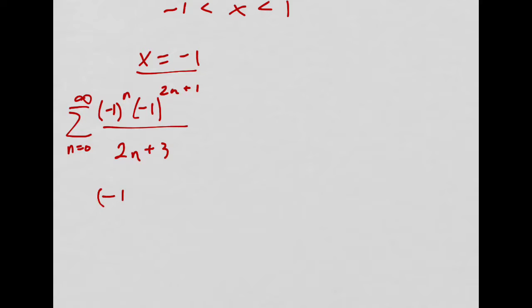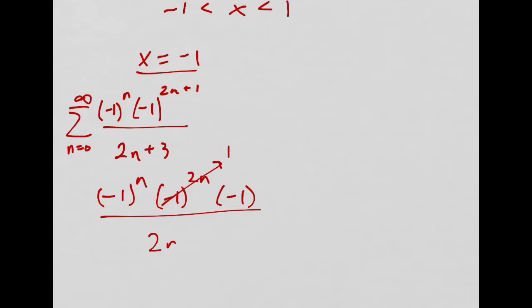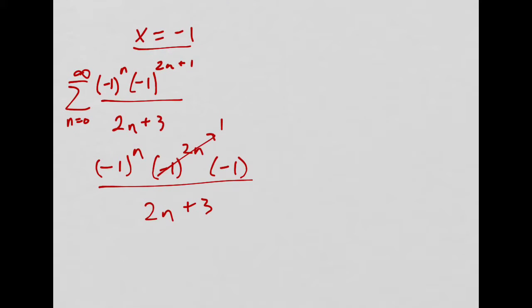This will give me (-1)^n, and then (-1)^(2n), which goes away because if I'm squaring it, it just goes to +1, and then times -1, that's for that +1 part, over 2n plus 3. So really, what do I have? And then there's the sum.